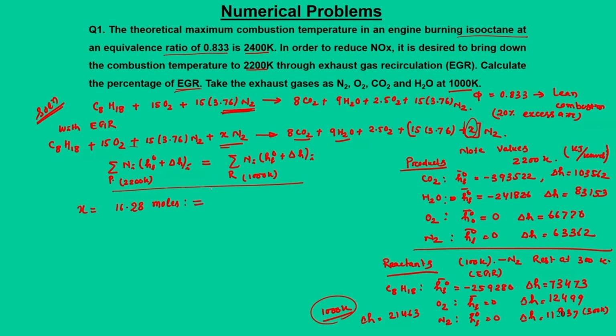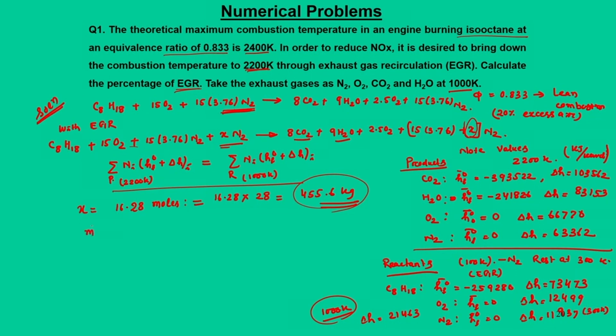When converted to mass, 16.28 times the molecular weight of N2, 28, gives 455.6 kg. So, this much EGR has to be circulated to bring down to this temperature.